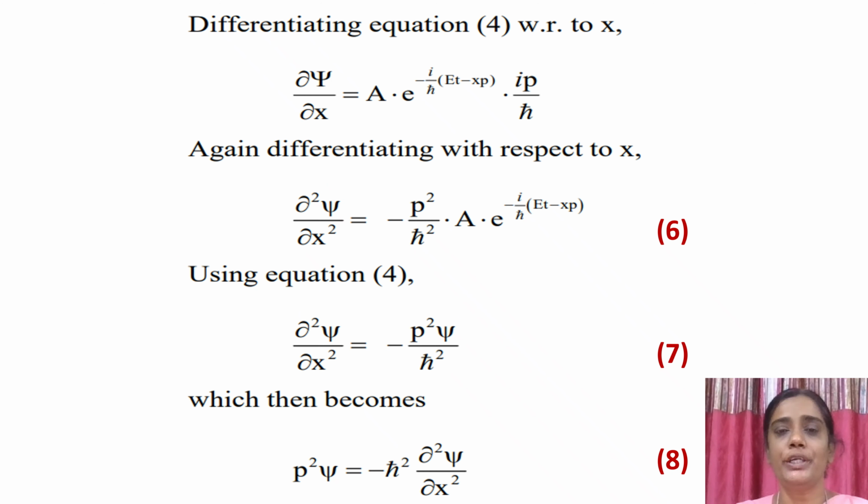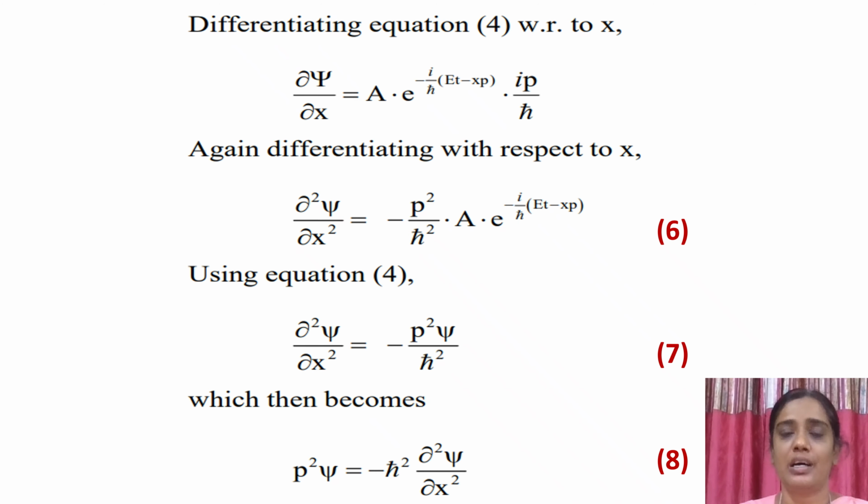Now we are going to differentiate equation 4 with respect to x. What was equation 4? It was psi equal to A e power minus i by h cross into (Et minus xp). We are going to differentiate this equation with respect to x.